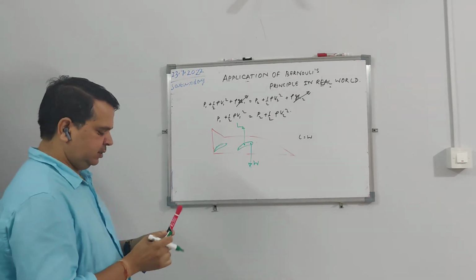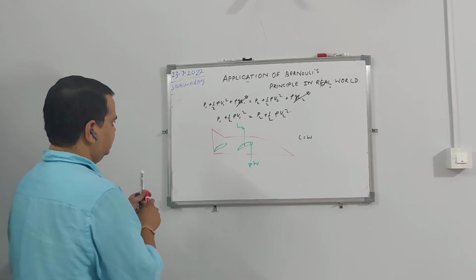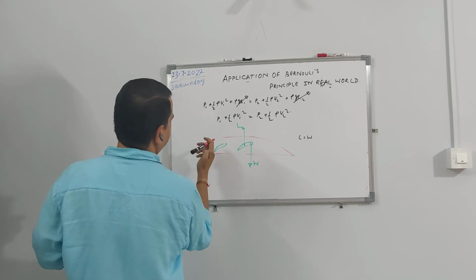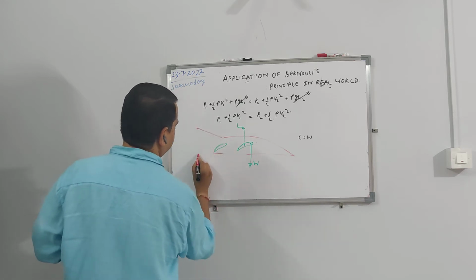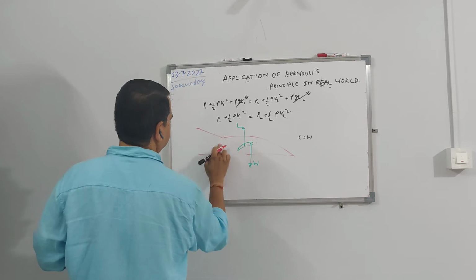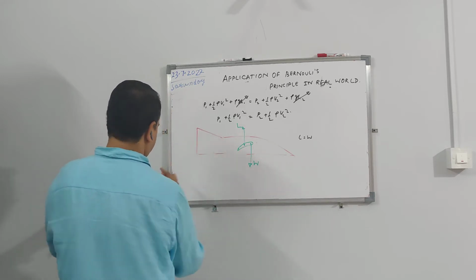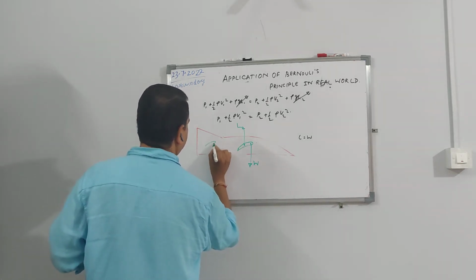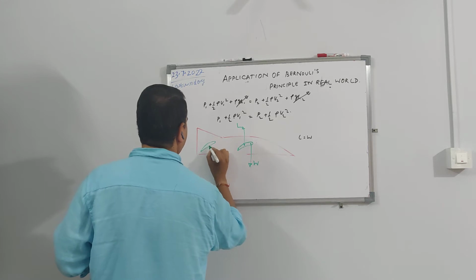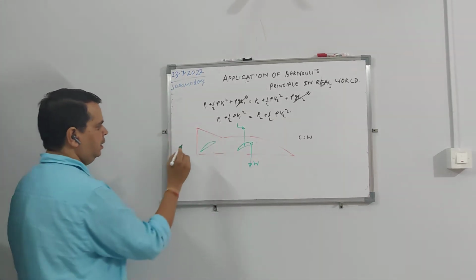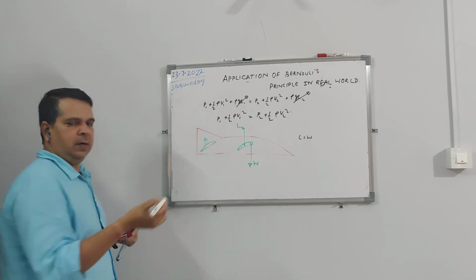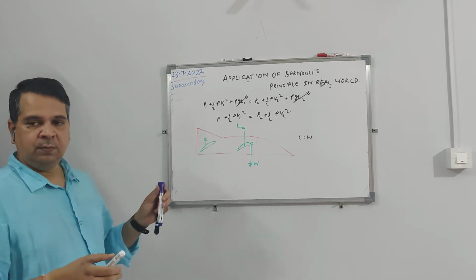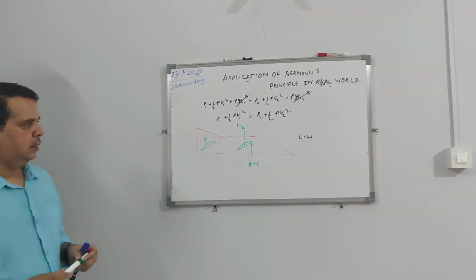For a better representation, let us put it like this. This is your tail, and some upward or downward force will be acting there to balance it out.